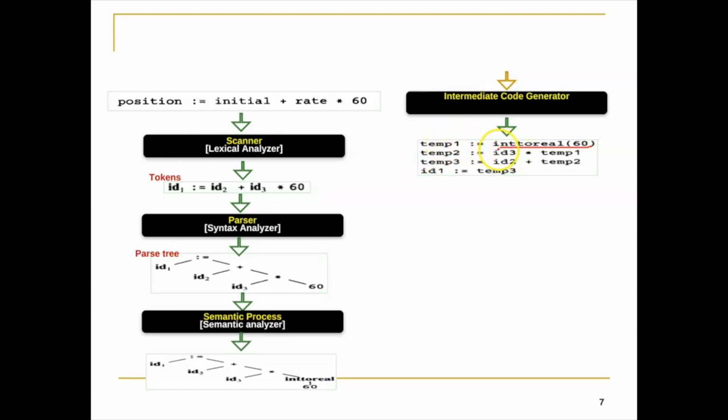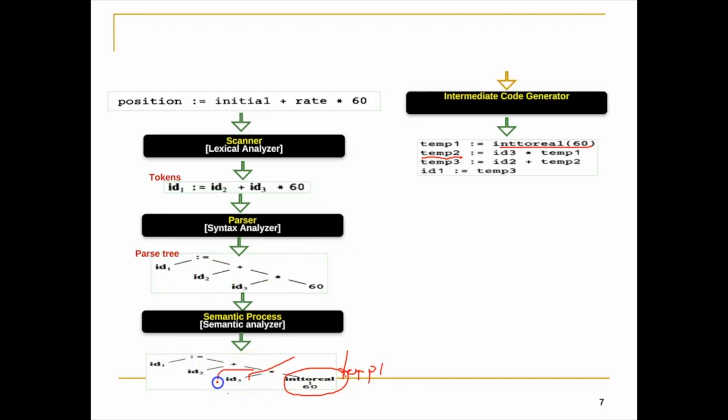So into real of 60 is stored in temp1, and now we can multiply temp1 by id3 and store it in another compiler-generated temporary variable, temp2. Now this entire tree branch we can call temp2, right?